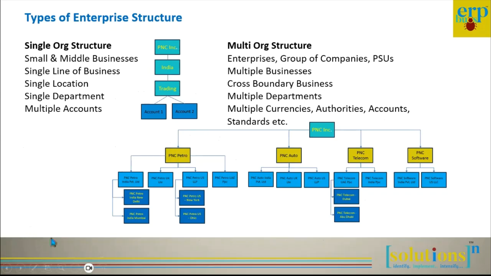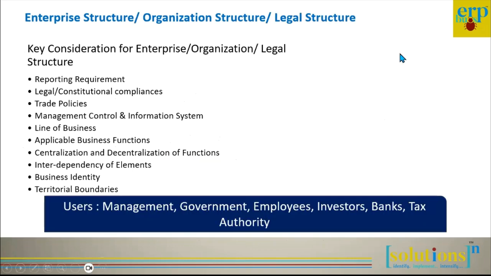Okay. Now the next, the biggest one, is what is enterprise structure and what are the key considerations. So enterprise structure is nothing but your organization structure. Then you have the legal structure. Legal structure is nothing but where you are getting registered.